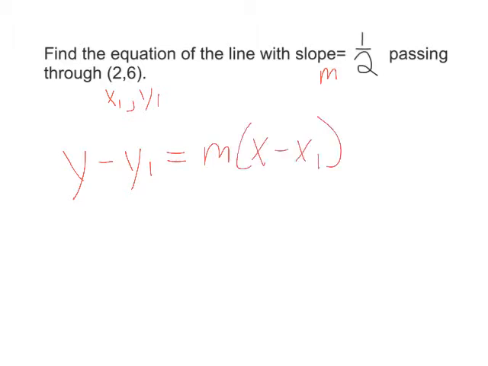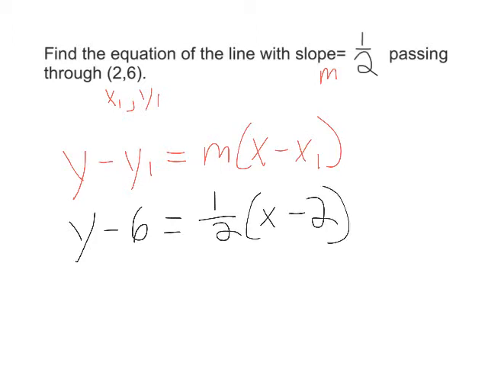We'll leave the y and the x alone, and we just plug in for everything else. y minus 6 is equal to 1/2 times x minus 2. Distribute your slope first, and then once this is simplified, take your -6 and move it over.